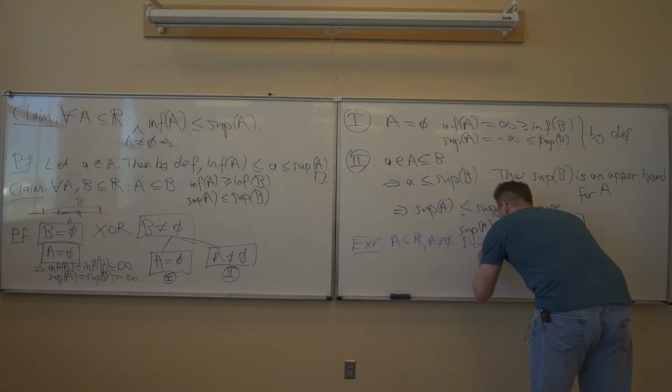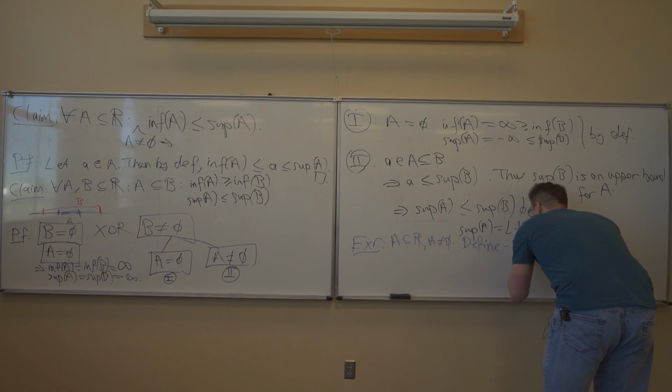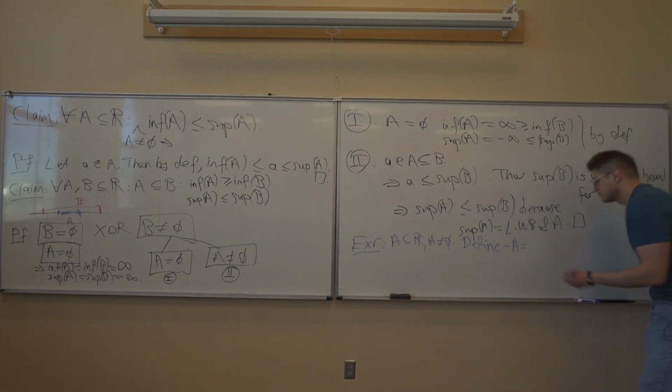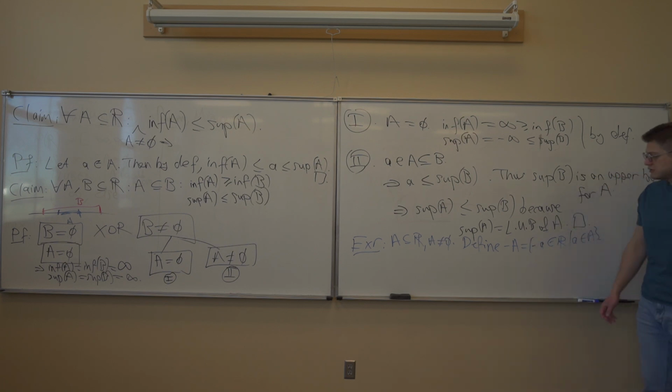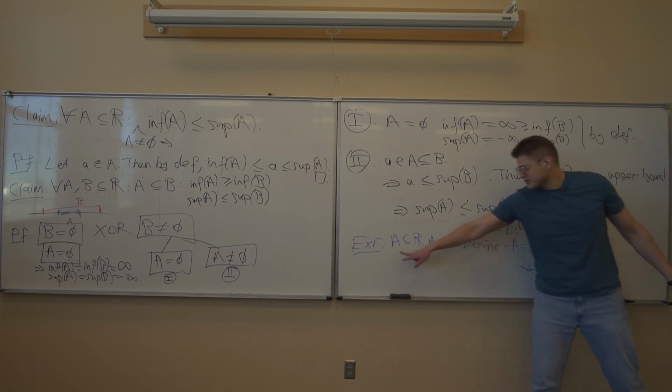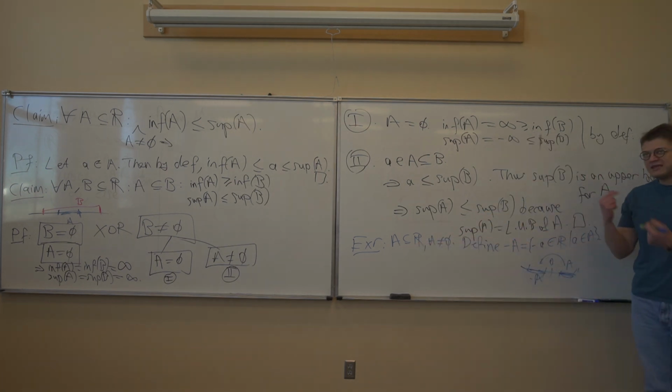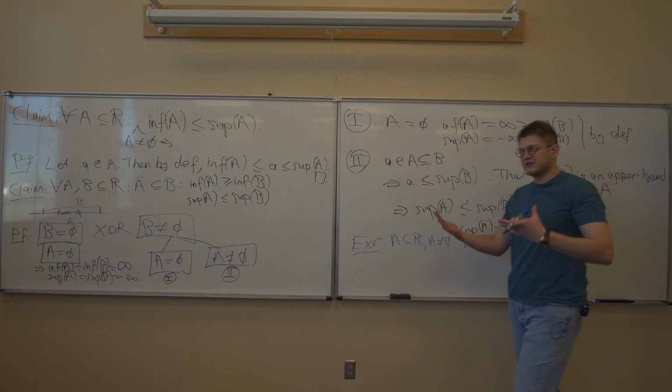Define minus A to be minus lowercase a, which is a real number where a comes from uppercase A. Okay, this is 0. Here's your subset A, reflected to that side. So you see, switching between A and minus A gives you the duality between sup and inf.